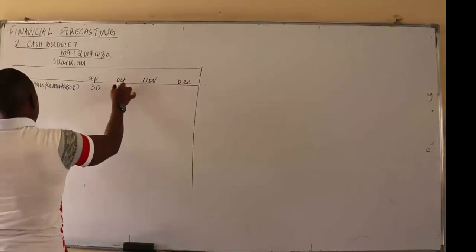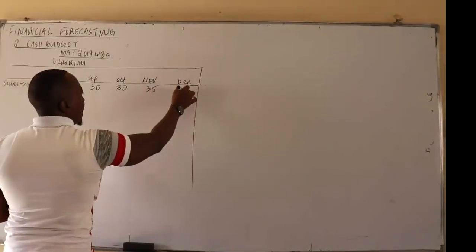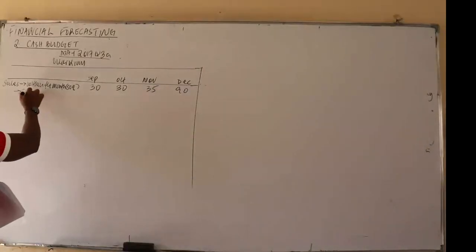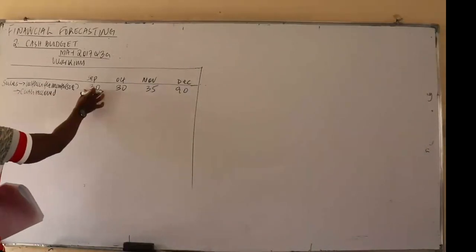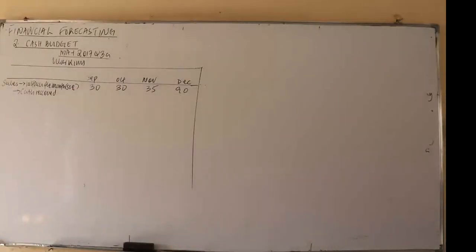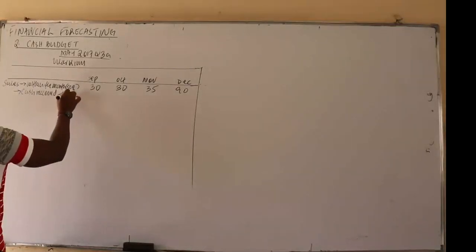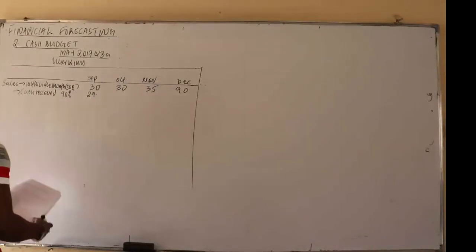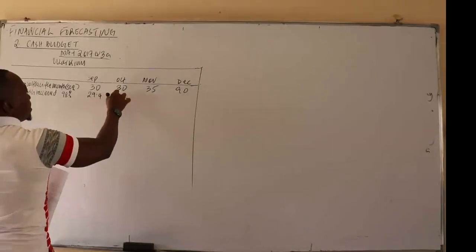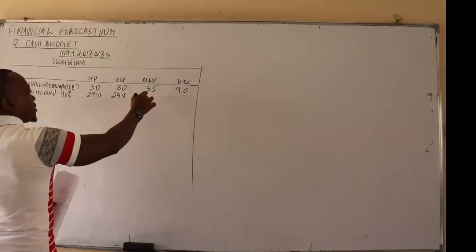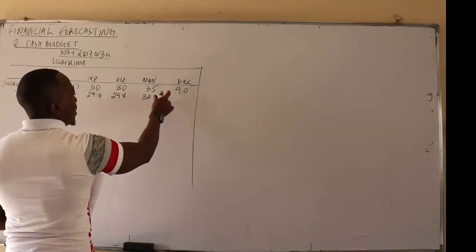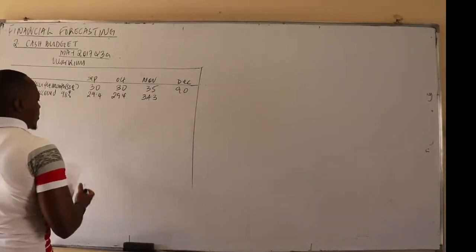So it's 30, 35, and we have 90. But what we need is the actual cash receipt. So how much was the cash receipt? Now, of this 30, what they expect to pay half, they are going to pay only 98% because they are claiming a 2% discount. So you take 98% of that. This one will get 29.4.